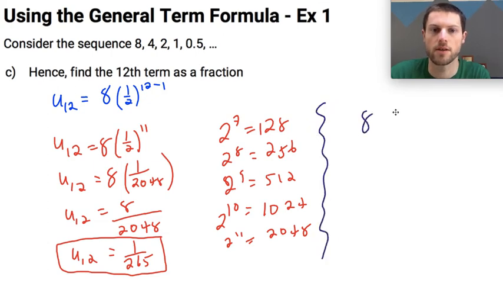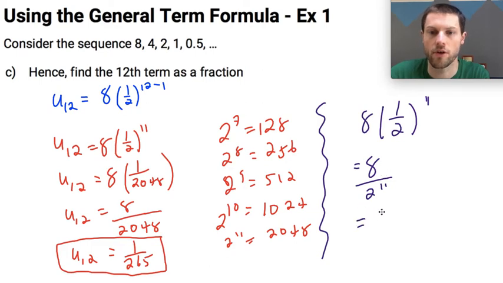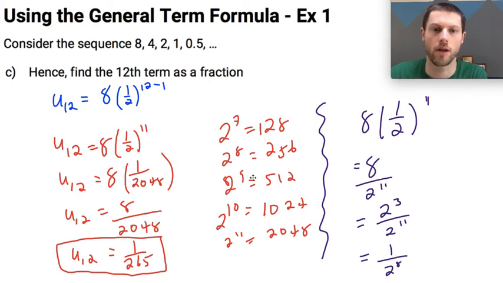Once I have this 8 times 1/2 to the 11th power, I could have said that's equal to 8 over 2 to the 11th. Well, I know that 8 is also equal to 2 to the 3rd, so this is 2 to the 3rd over 2 to the 11th, and I can use my exponent property to say this is equal to 1 over 2 to the 8th. And now, yes, I'm still having to calculate 2 to the 8th, but I could have stopped my calculations here rather than go all the way to here.